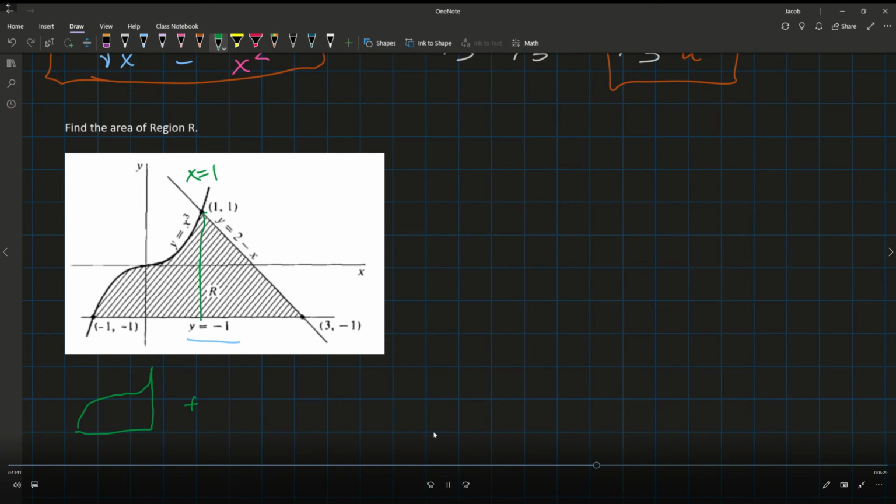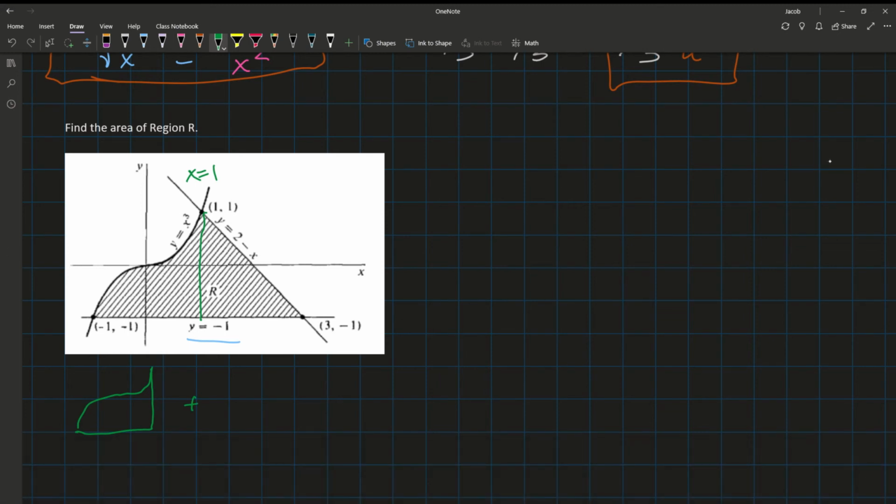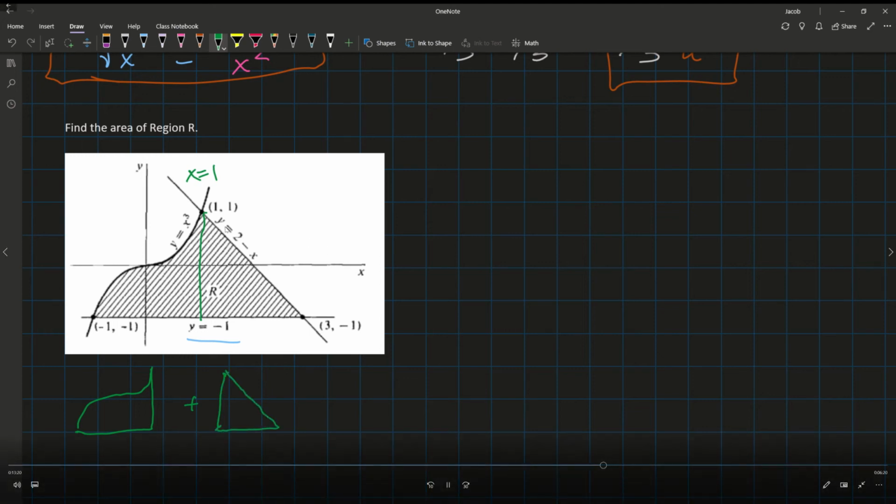So this is how you would answer these questions, is you would break it up into 2 separate areas, because this triangular region is not bound by the cubic function. So I represent it separately. So again, to carry on with the idea from before, we're taking the top function and we're subtracting it by the bottom function.